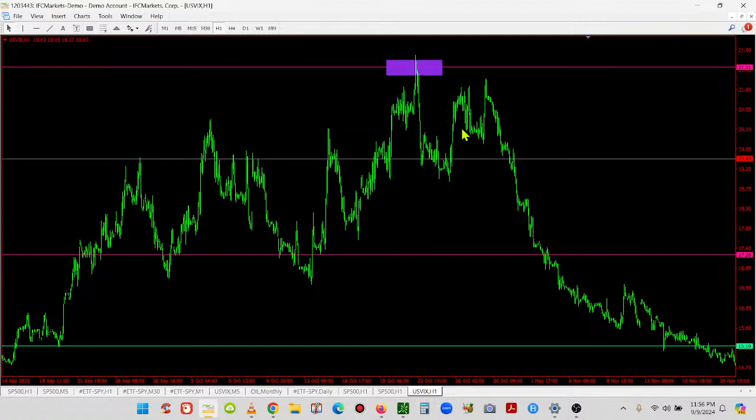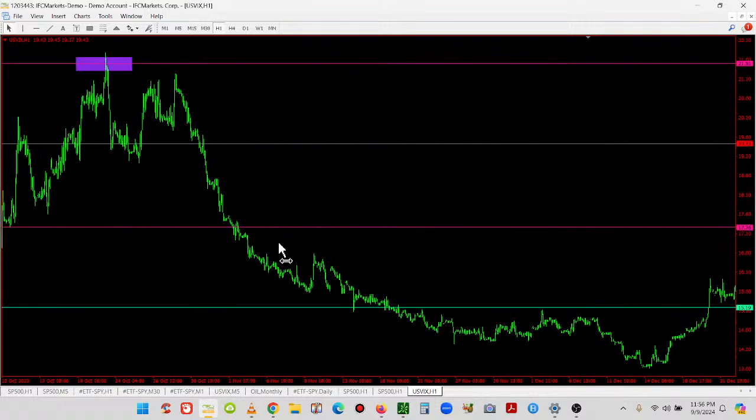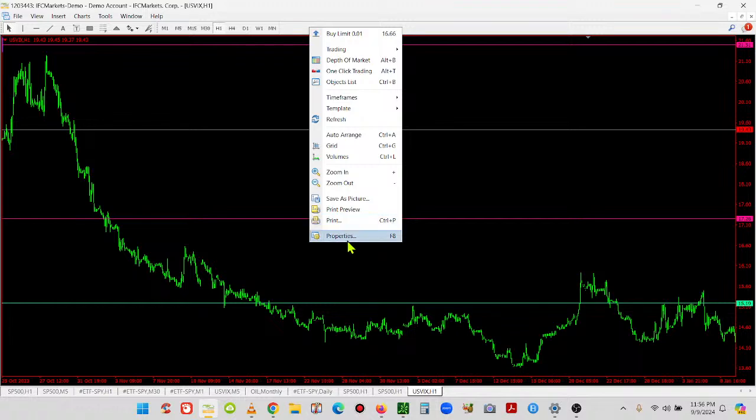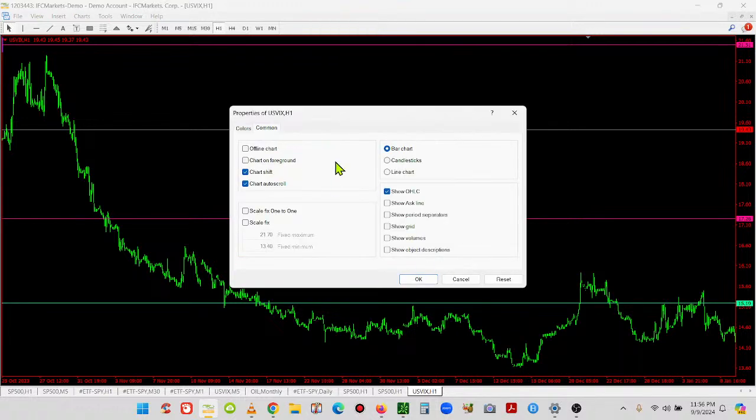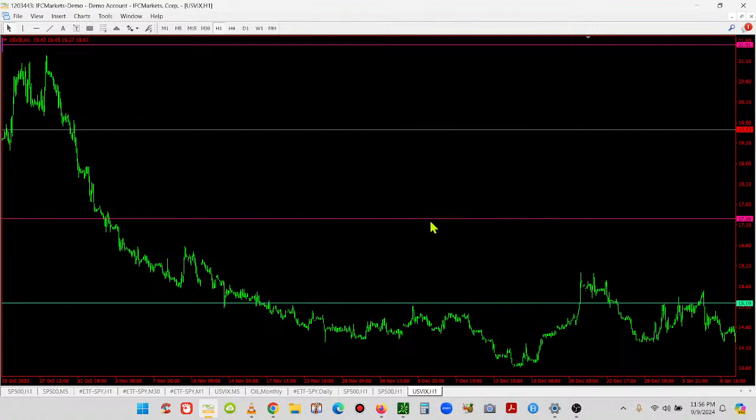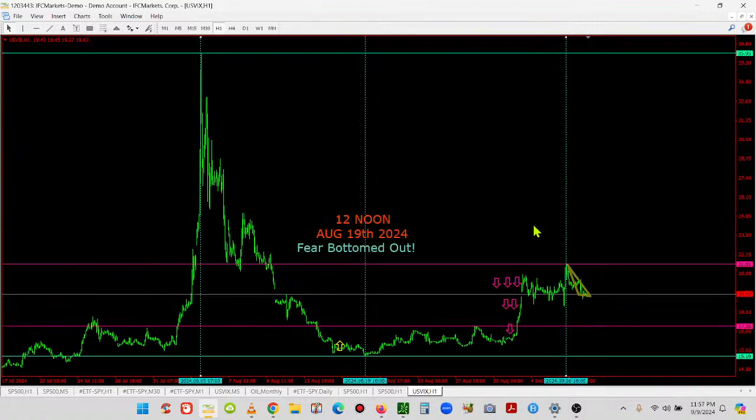So remember, when this goes down, stocks go up. I want to get back to the front. I'll hit refresh. That does not mean that the fear is going to continue to leave the market. So the lower this goes, the less fear. Let's put that.